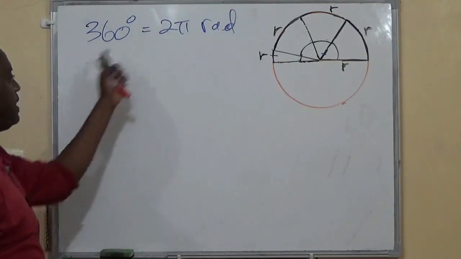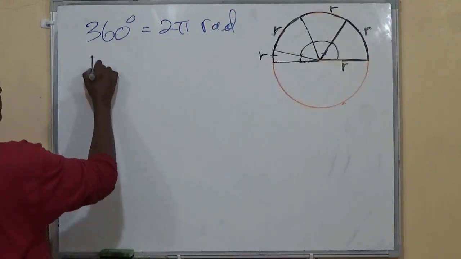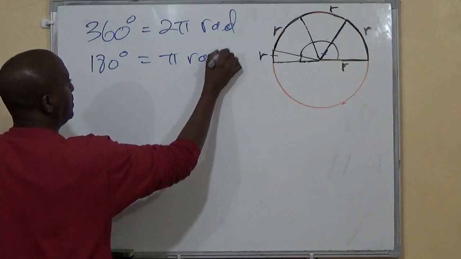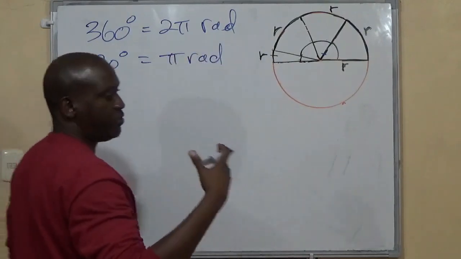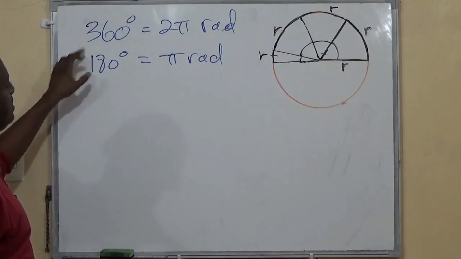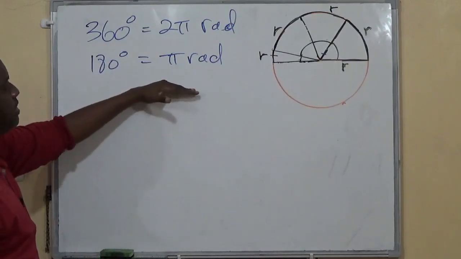You divide that by 2, you get 180 degrees is equal to pi radians, which we also got in the course of our working. We were able to get these two relationships separately of each other.